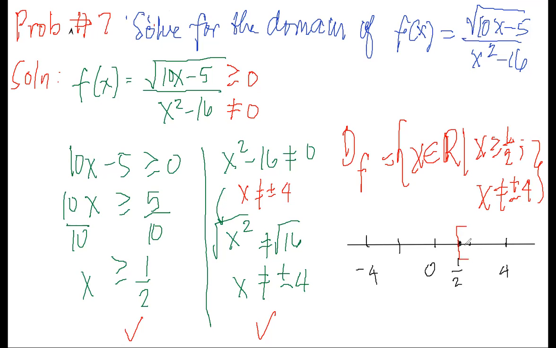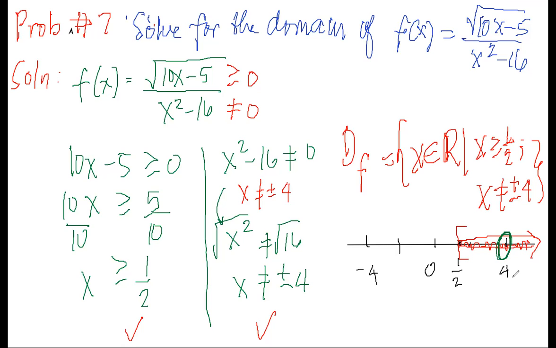So kind of here, right? Okay, so these are the points. And x is not equal to 4. So we need to remove this 4. So this is hollow.